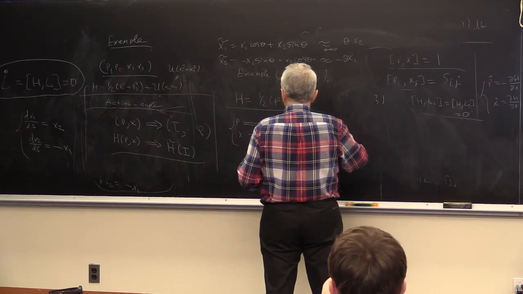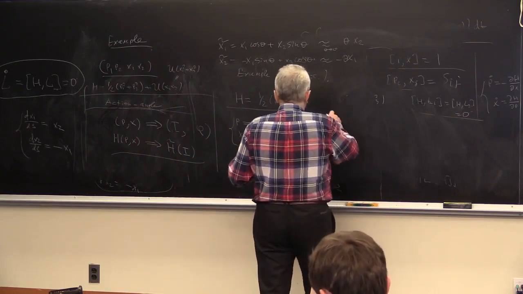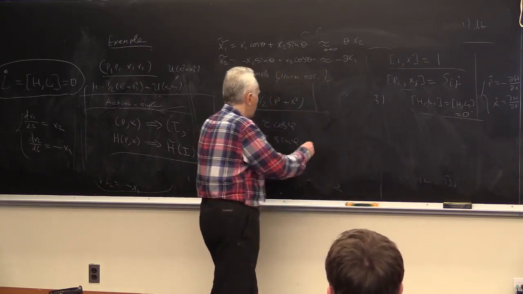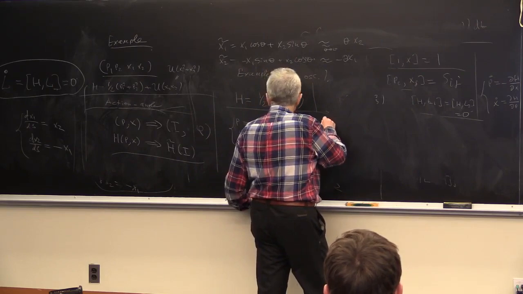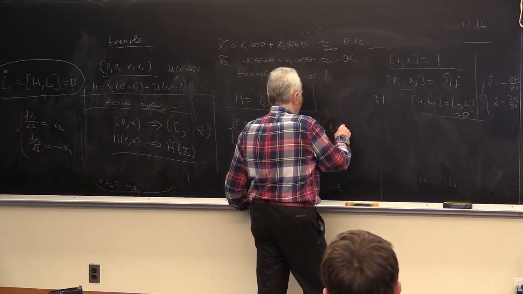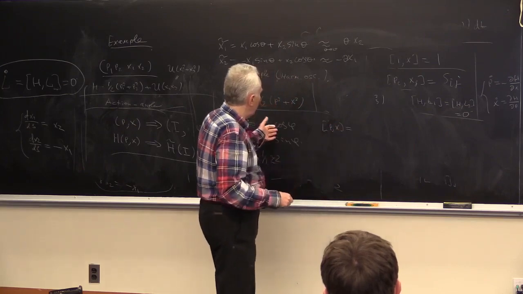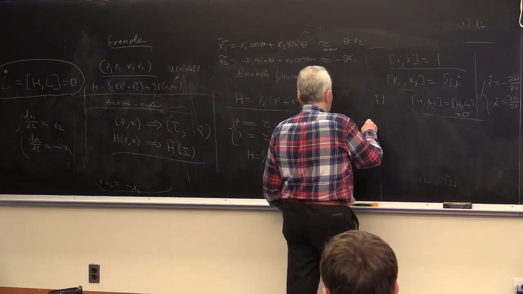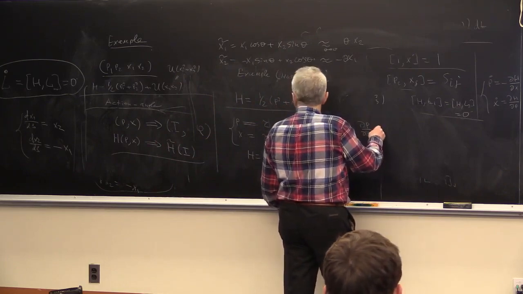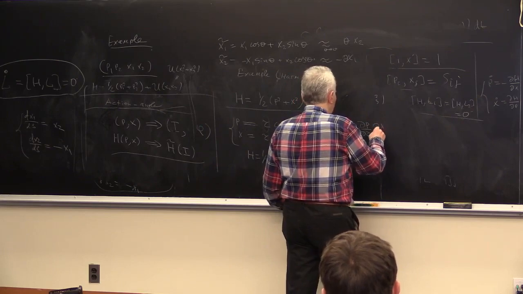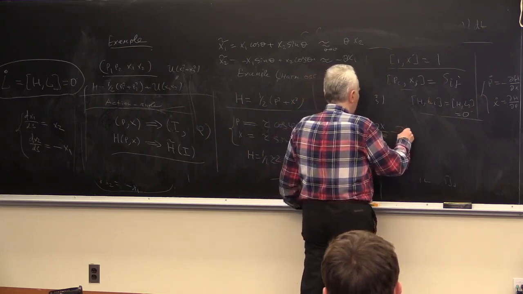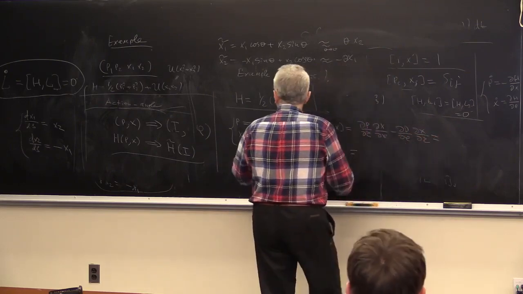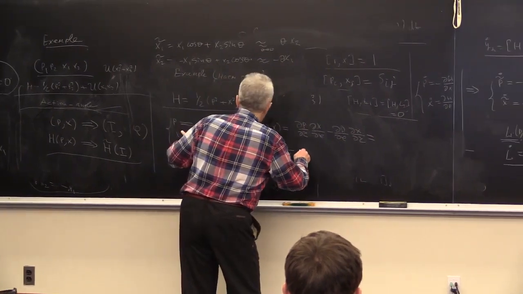So how to do this? Let's see if they're canonical or not. Then you have dp dr dx d phi minus dp d phi dx dr. Let's calculate it. dp dr is cosine phi.